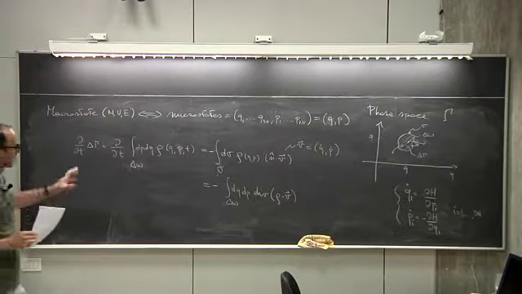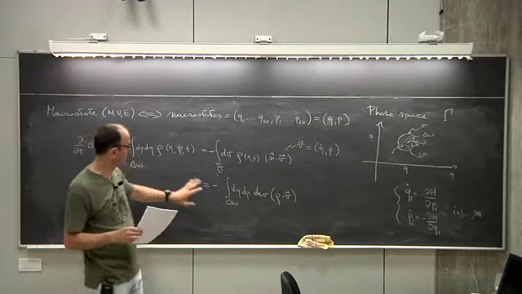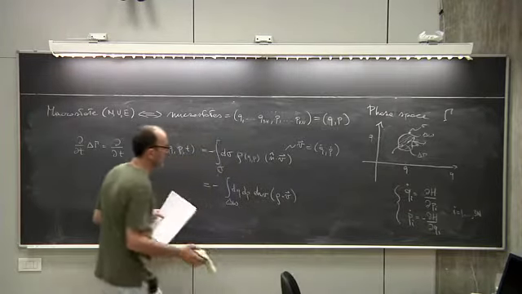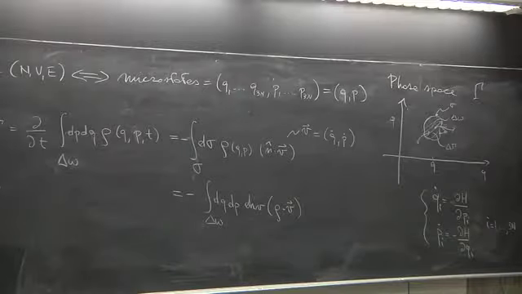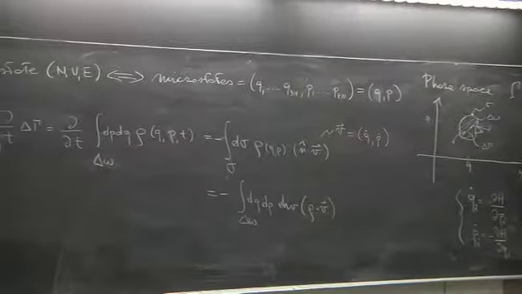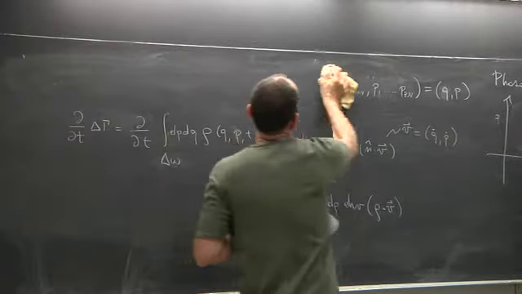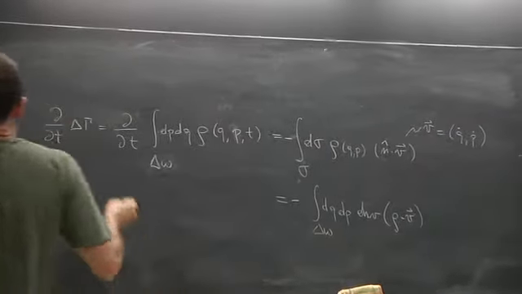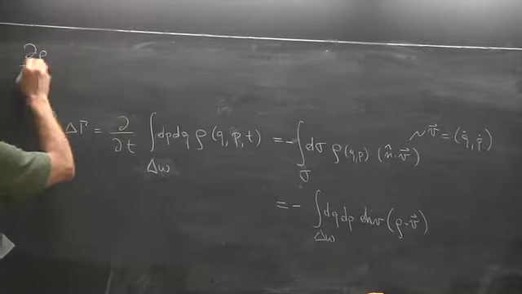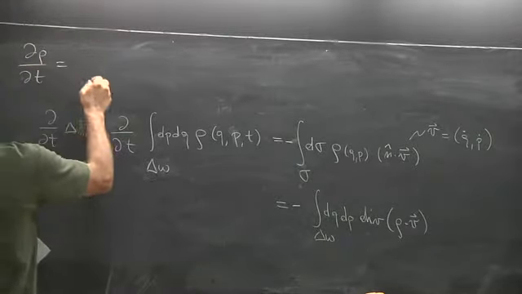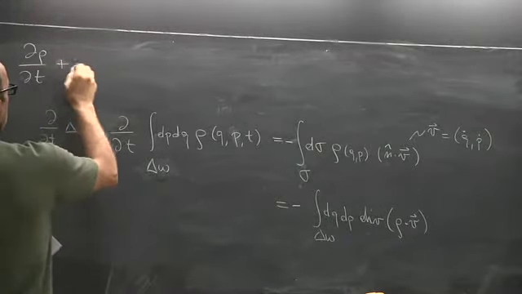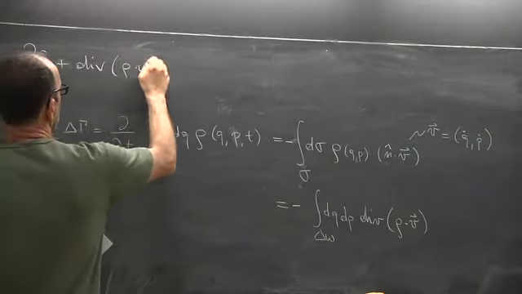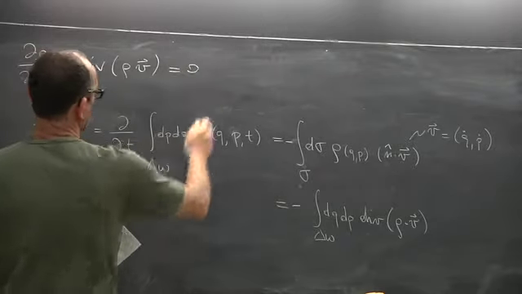So if I compare these two equations, what I see is that the dynamics, I mean, how the density changes in time has to satisfy the continuity equation, which is partial rho over partial t plus the divergence of rho times v should be equal to 0.